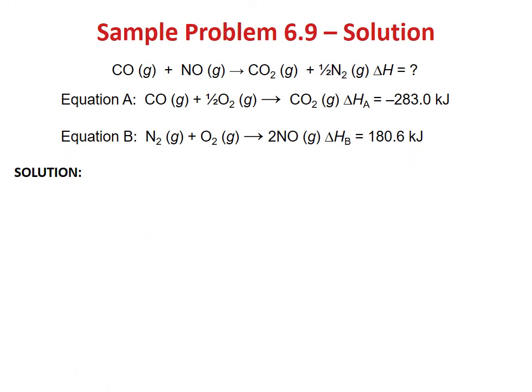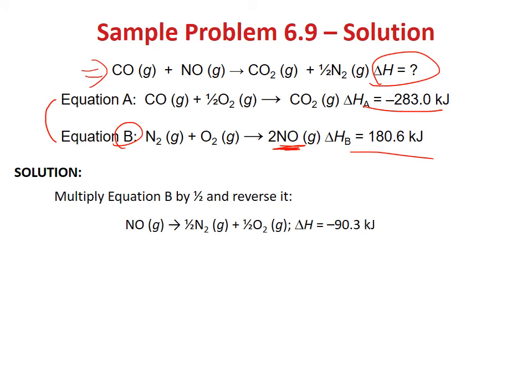Here again is the overall reaction. The enthalpy change needs to be calculated, and we have two known reactions with enthalpy changes. We just showed that B has to be reversed because NO is on the opposite side, and needs to be multiplied by a half. And so that's the new modified reaction.